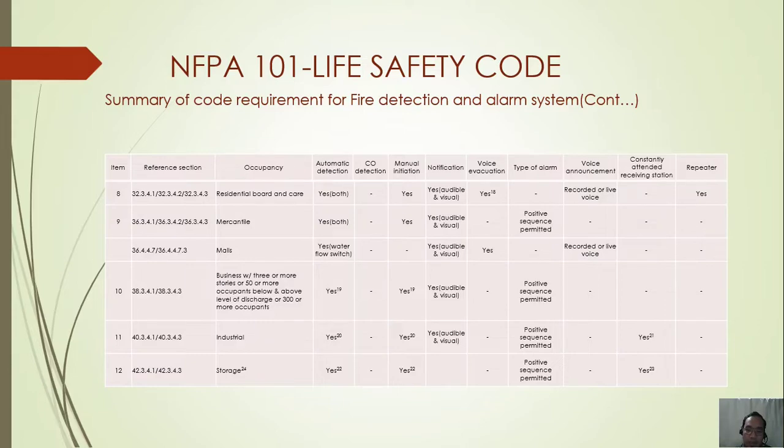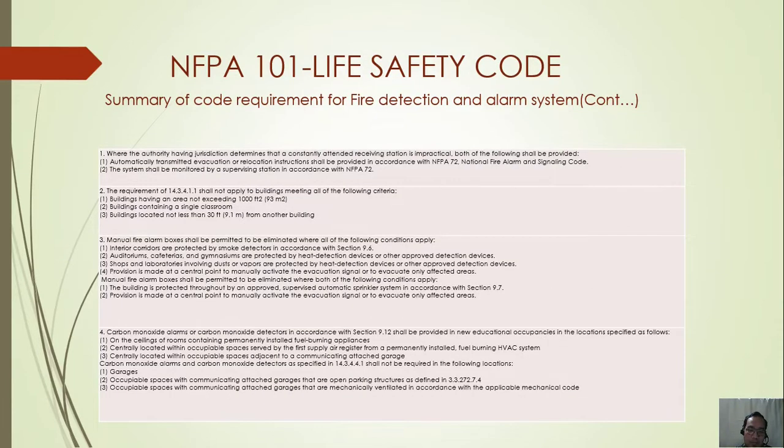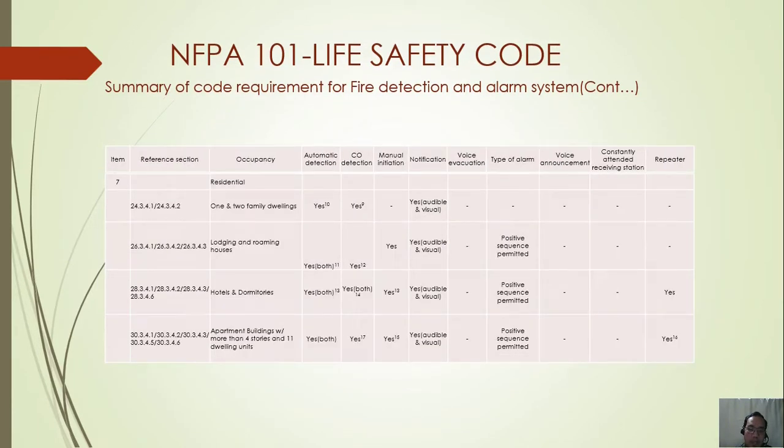So you only have one system. So in this part, in lodging and rooming houses, I will recommend to use only one system, which is a complete fire detection alarm system, rather than installing another system like a smoke alarm in the sleeping room. We will just use one. Just install a smoke detector and audible also in the sleeping room.